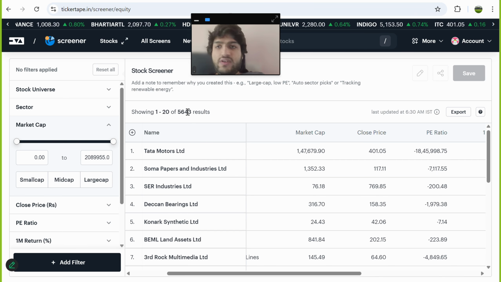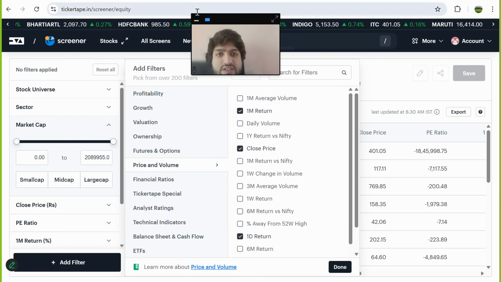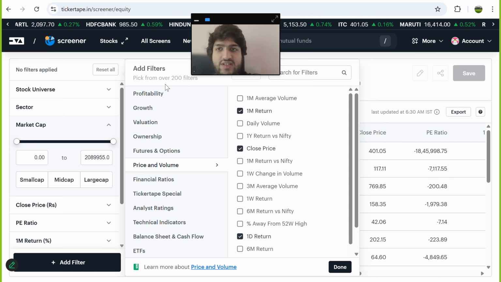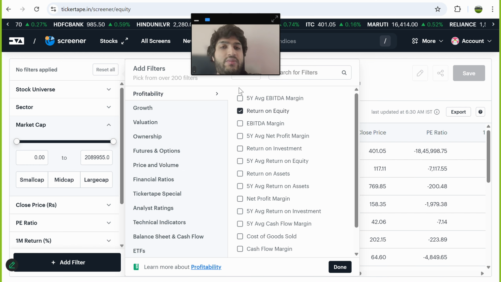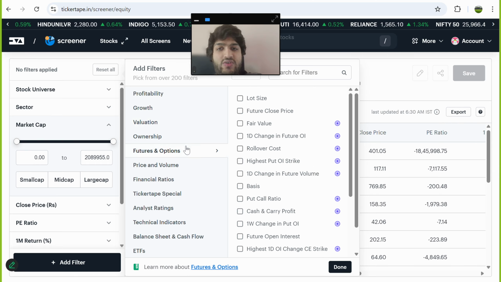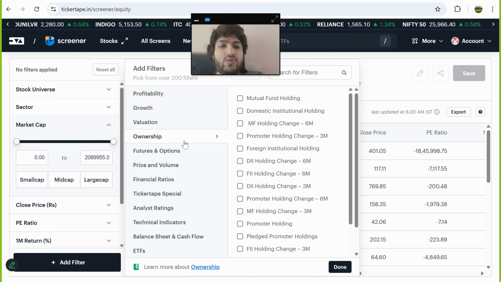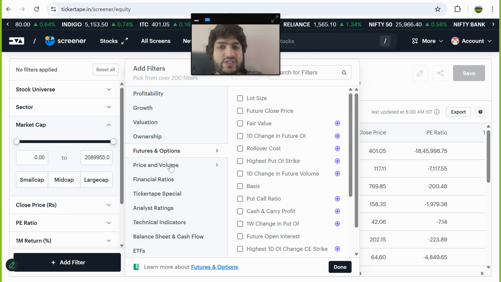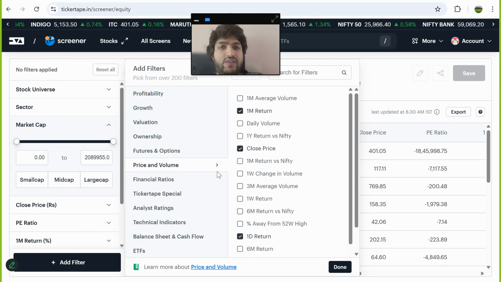Now, if we go here and see the additional filters, you can see different filters like profitability, growth, valuation, ownership, who all are the owners, futures and options, price and volume. Here we have enabled 1 month return.